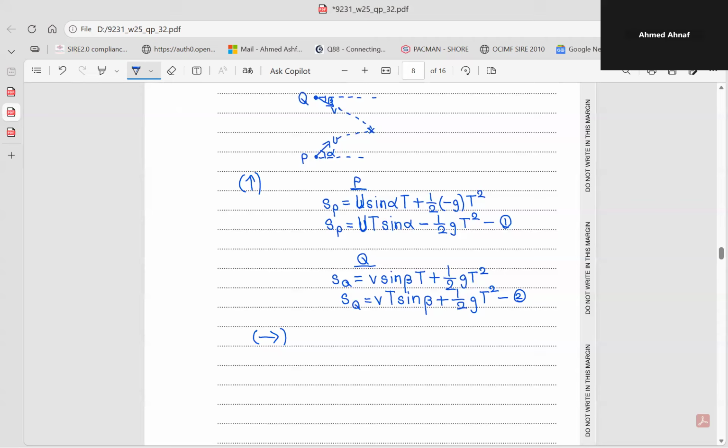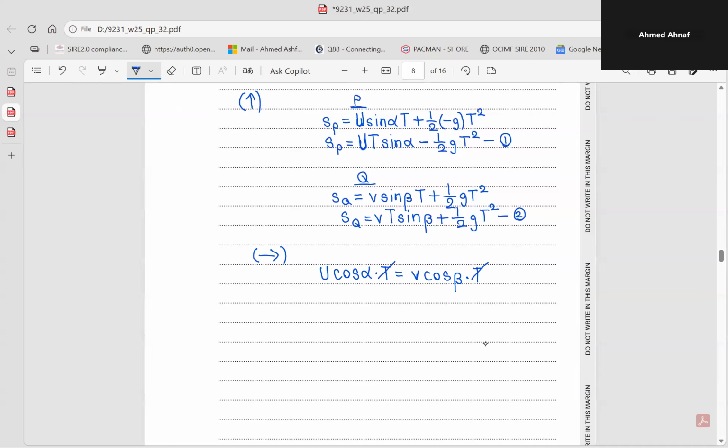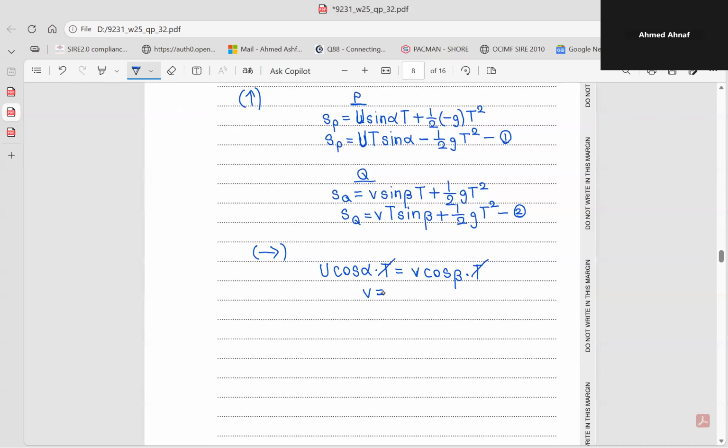So for P, that is big U cosine alpha times t, and for Q, that is small v cosine beta times t. So yeah, these t's cancel out. Then you can see that v is literally just big U cosine alpha over cosine beta. So this is the third equation.